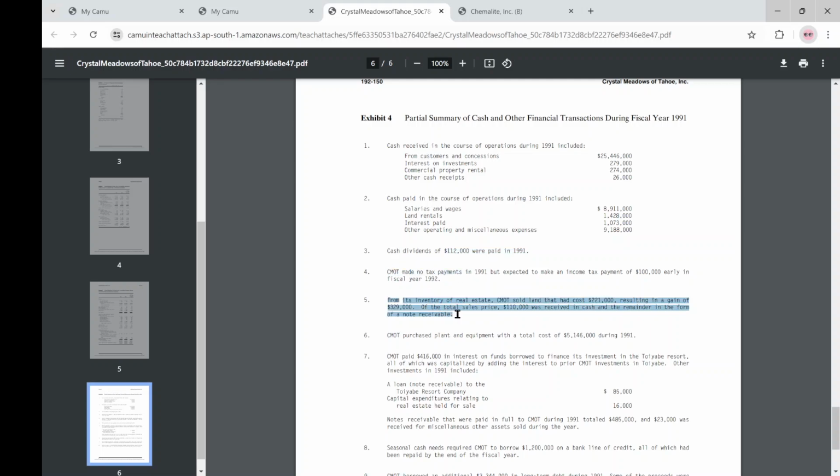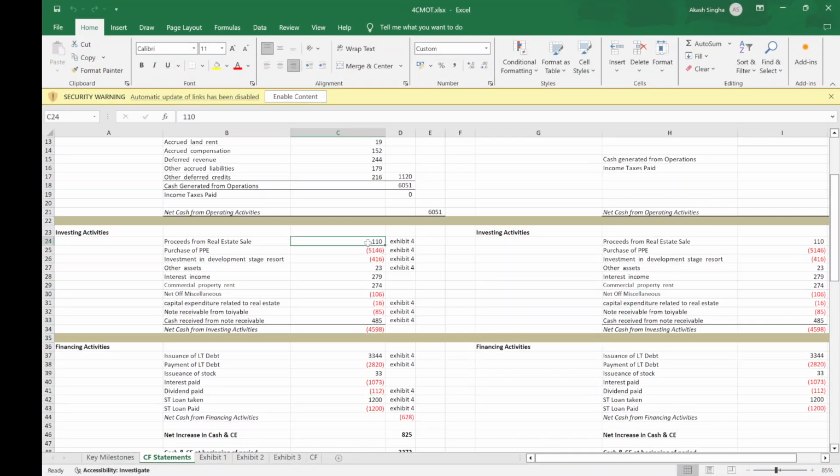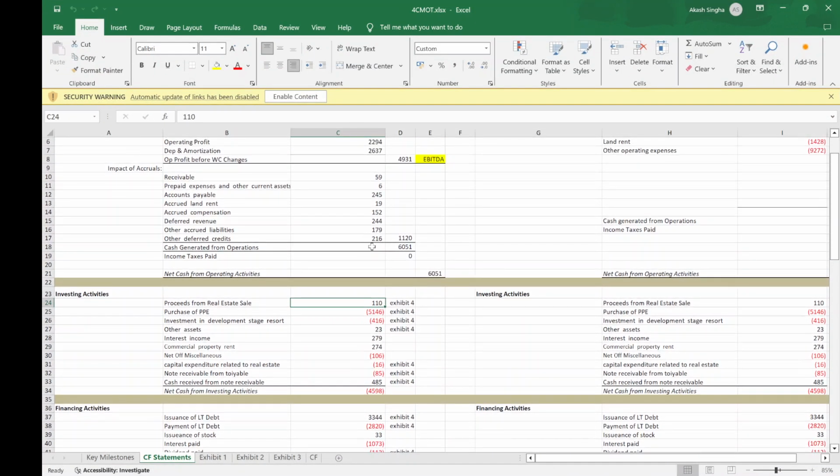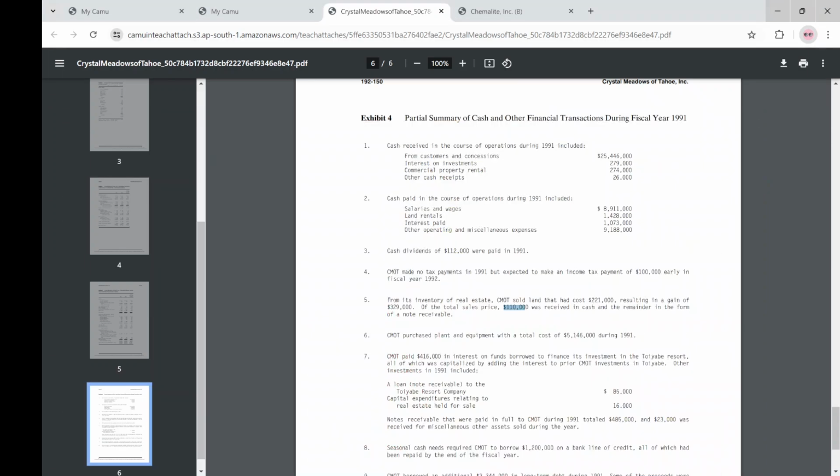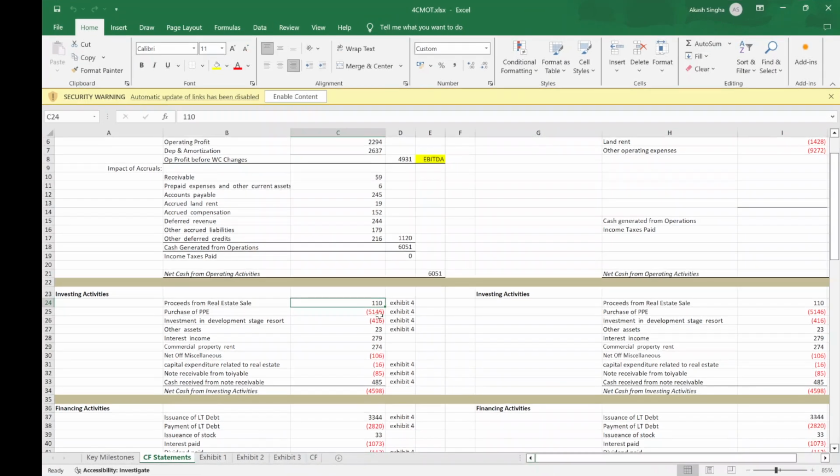Now from this you can see we got 110, right? So 110 is the cash we received. Write it down: 110 proceeds from real estate sale. Then purchased equipment of total 5146. So 5146 we purchased, negative cash flow.